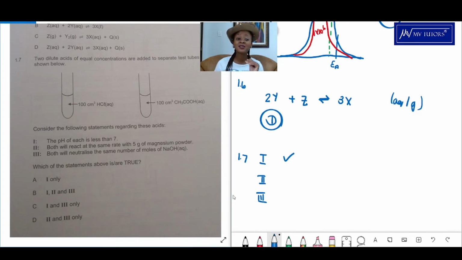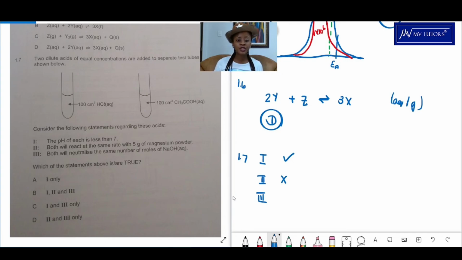But anyway, the stronger one, which is hydrochloric acid, will ionize completely. So it'll have a higher reaction rate. But your ethanoic acid will ionize incompletely. It will not ionize completely, so its reaction rate will be lower. So no, I don't agree with statement number 2.